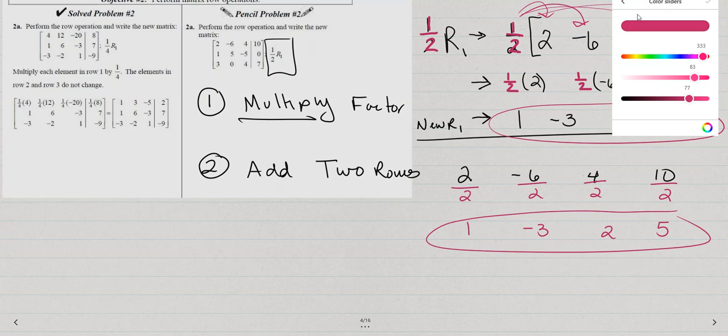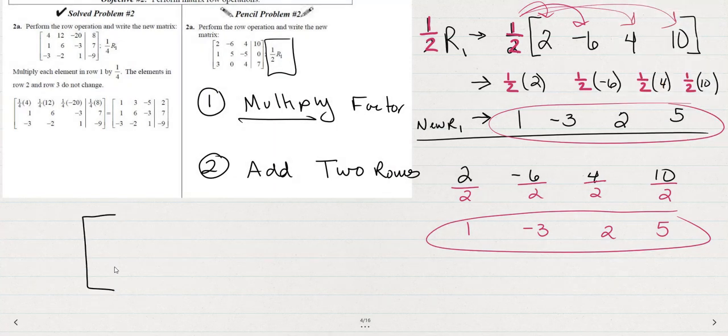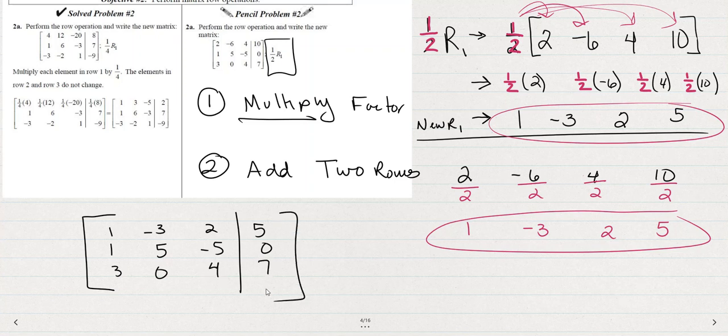And when we rewrite the matrix, the only one that's changed is row 1. So row 1 has now become 1, negative 3, 2, 5. Row 2 and row 3 have been unchanged, so we just copy them over. So here's the result.